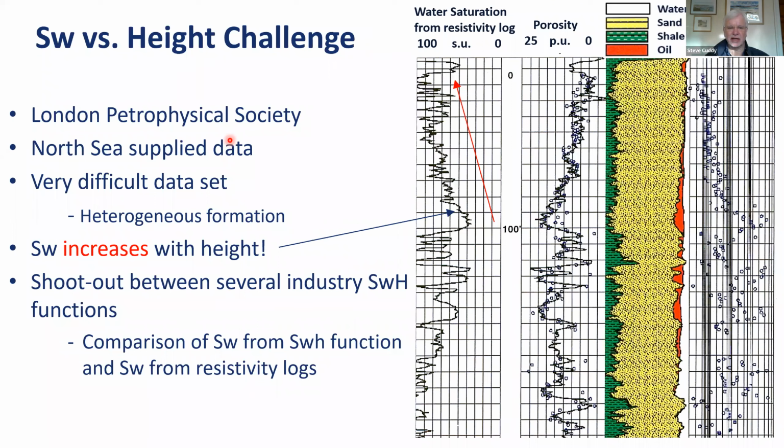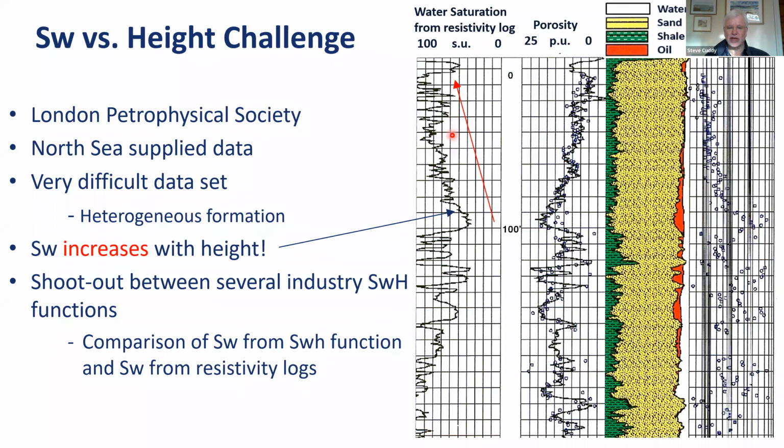This is a data set which was supplied to the London Petrophysicist Society a number of years ago. It's a very difficult data set. It's a very heterogeneous formation from the North Sea. As you can see, the porosity varies tremendously, and especially permeability. You've got very high permeabilities and very low permeabilities, and it's quite a shaly formation, as shown in green.